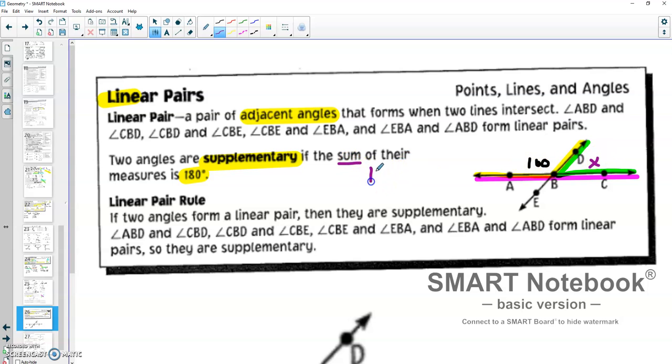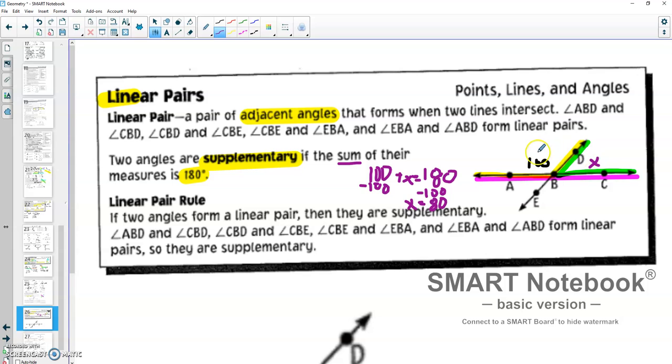I know we have to add them, so 100 plus x equals 180. If we do the train track method, we have to subtract the 100 on both sides. And what do we get? x equals 80.